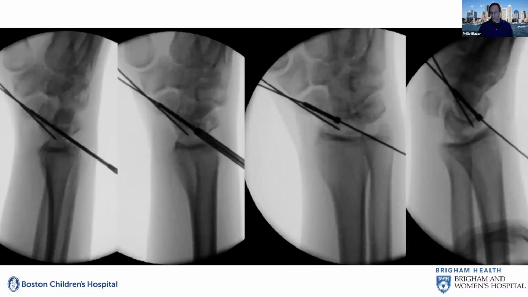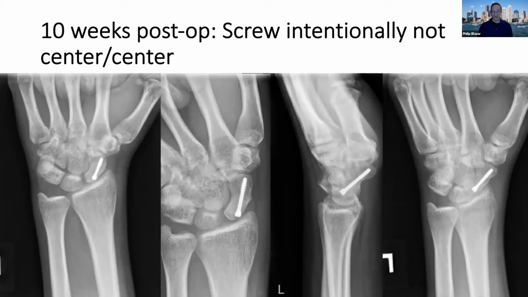The decision was made here to place the screw in an antegrade fashion over that wire that was placed perpendicular to what they perceived was the plane of the fracture. And I think you can see the intraoperative fluoroscopy views here. And here is an early image at 10 weeks, which looks like showing union.